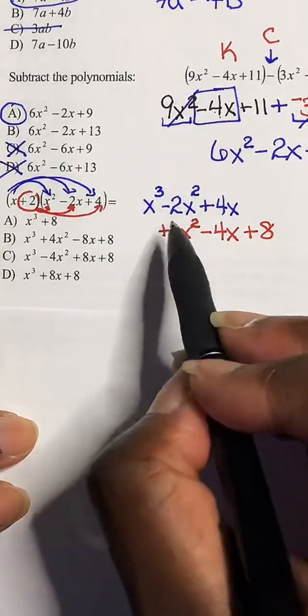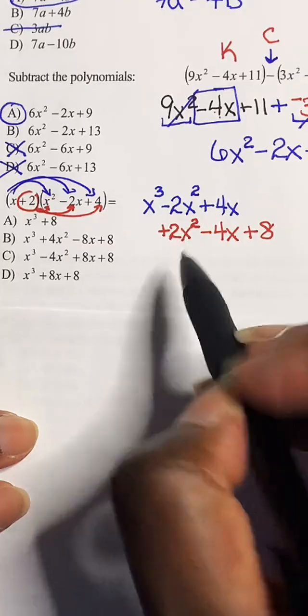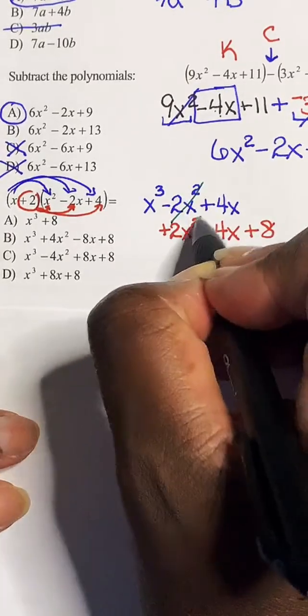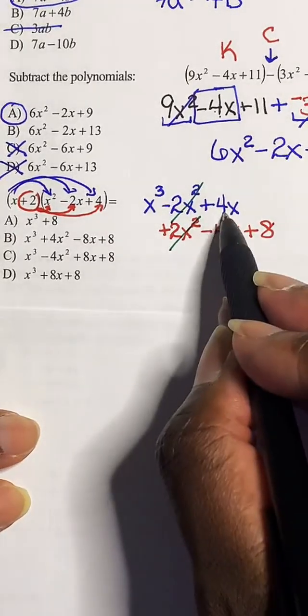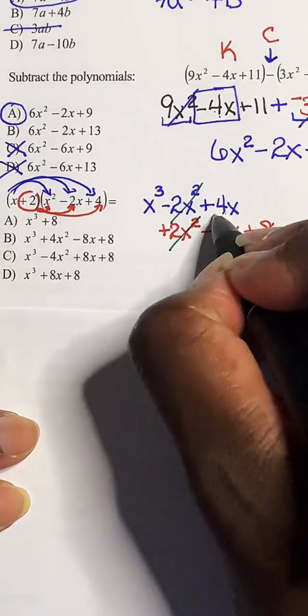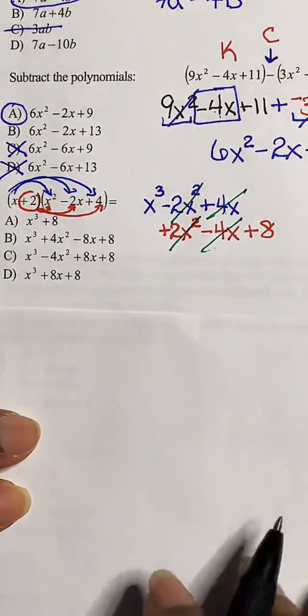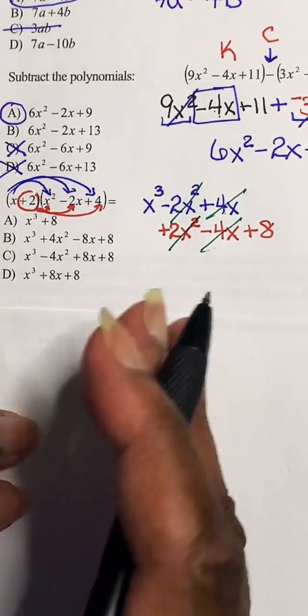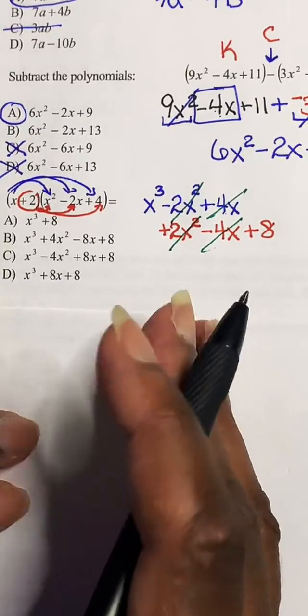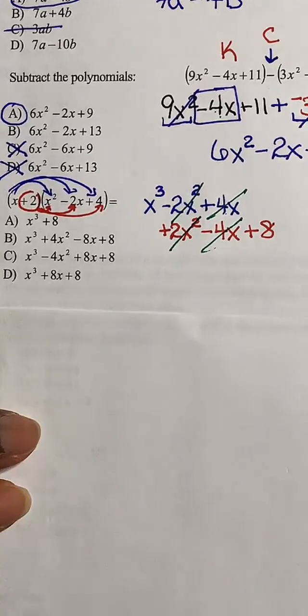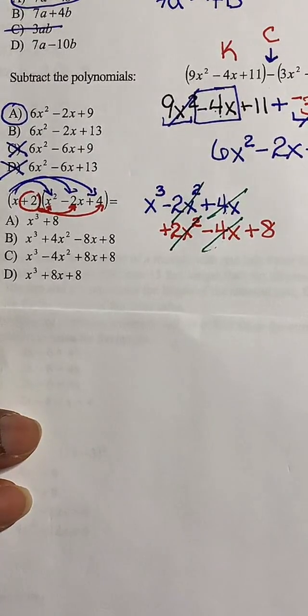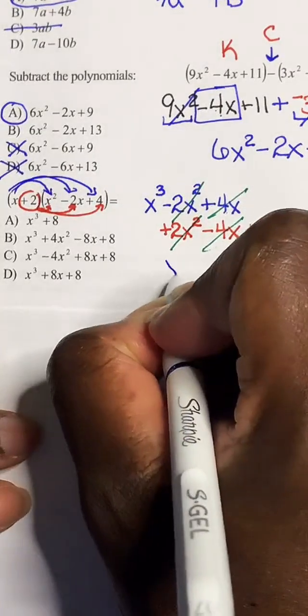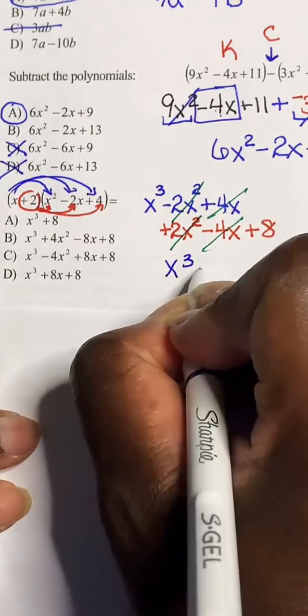By doing it more vertically, people tend to see their like terms a lot better, especially when it comes to the multiplying. So hopefully you're seeing that, oh, wait, negative 2x squared and positive 2x squared, they cancel out. Negative 4x and positive 4x, that gives me 0.